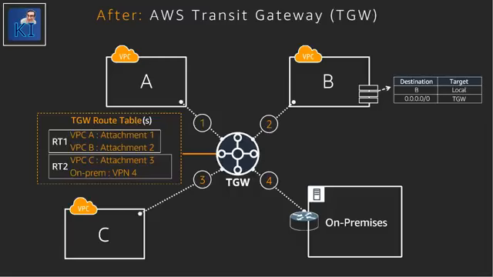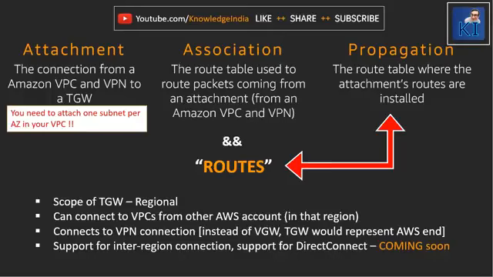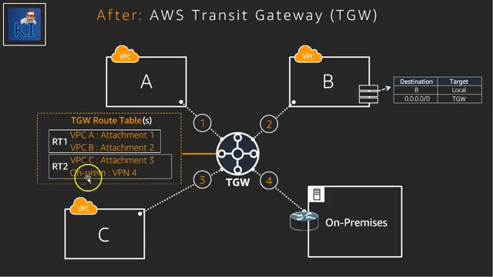Now, association tells you which route table would be used for which VPC, right? So it's like the guiding thing. So for example, I can say that, let's say, route table 1 would be used for VPC A, or route table 1 would be used for VPC B as well. What is important here to understand?